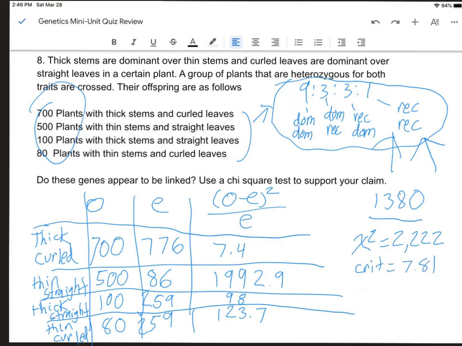Now clearly our chi-square value is much larger than our critical value. This means we need to reject the null hypothesis, or we reject what our Punnett square would have told us should be the ratios we got, which was this, again up here. That means that most likely these are, in fact, linked genes, not assorting independently. They are close together on the same chromosome, so they're tending to cross over together or stay together during that crossing over process.